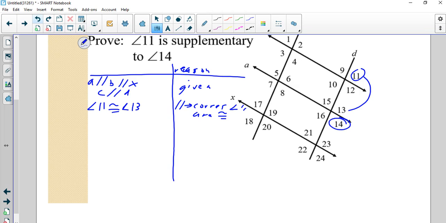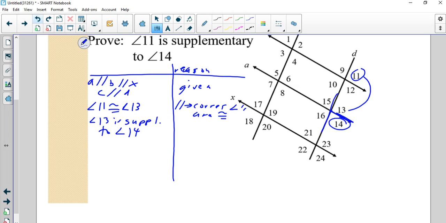Now we know 13 and 14. Angle 13 is congruent, not congruent, sorry. Angle 13 is supplementary to angle 14. Why? Common point, common ray, form a straight line.